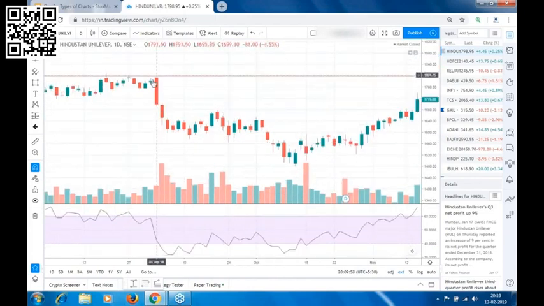See, this is your bearish engulfing pattern and a strong bearish Marubozu, and you can see the fall in the market from there.